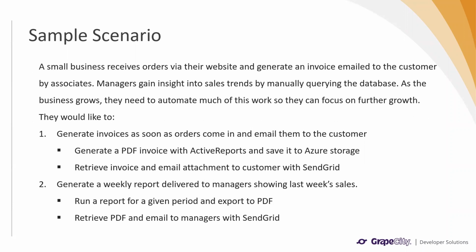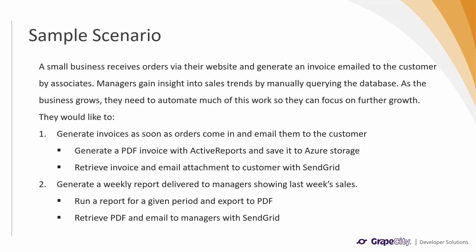Because they're fairly small, everything is done manually: orders are taken manually, and invoices are generated and emailed to customers manually. Managers, if they need to look at sales and sales trends, have to do it manually by querying the databases, and so forth.